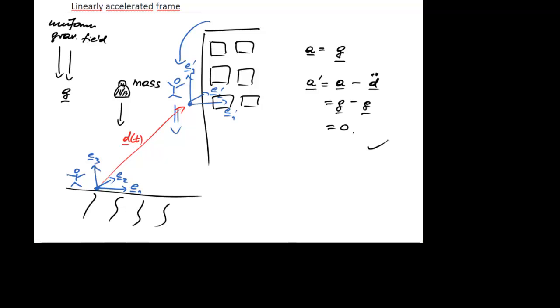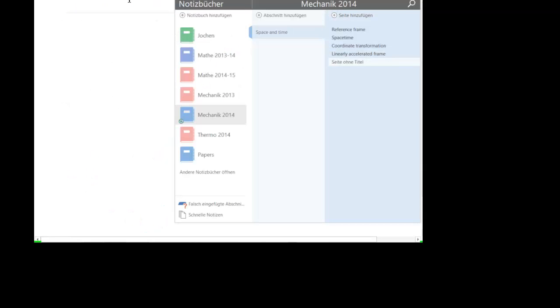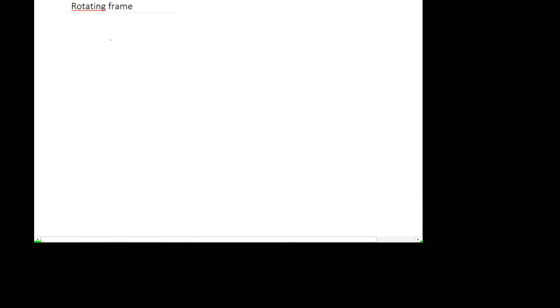Let's come in the last few minutes to a less trivial example, and that is a rotating frame. This is my frame, which is fixed, and now my colleague sits, for example, on a carousel and is rotating around an axis. Let's say the rotation axis is this axis here, and there's a rotation with angular velocity omega.